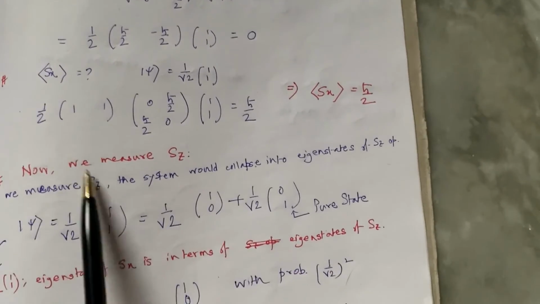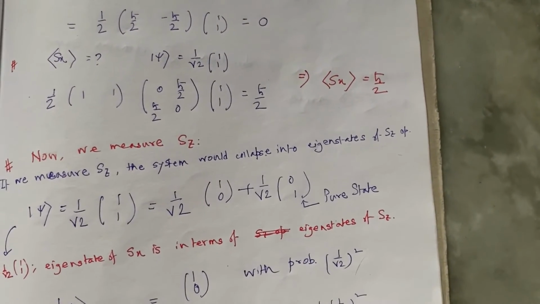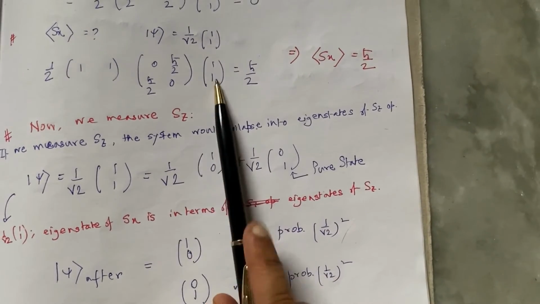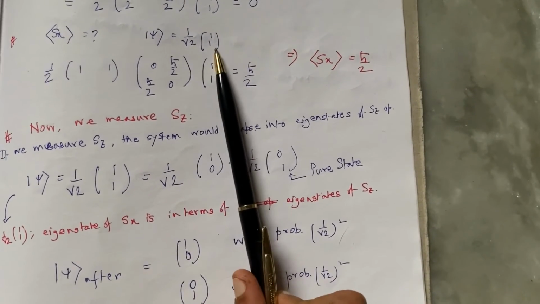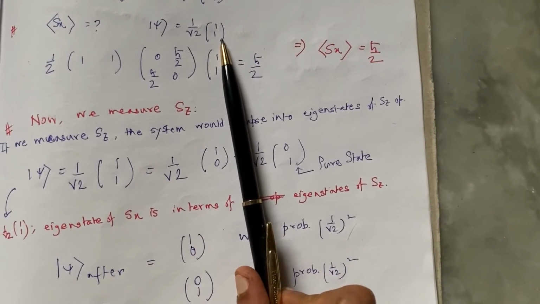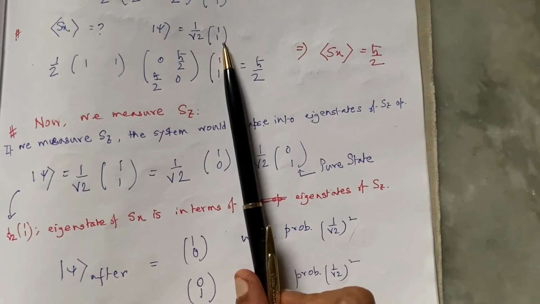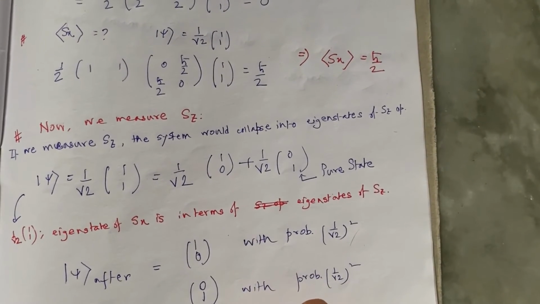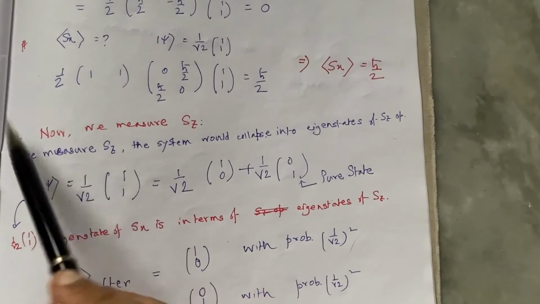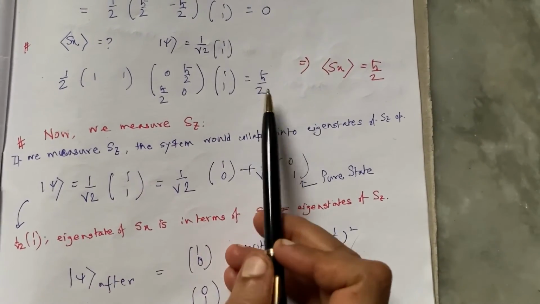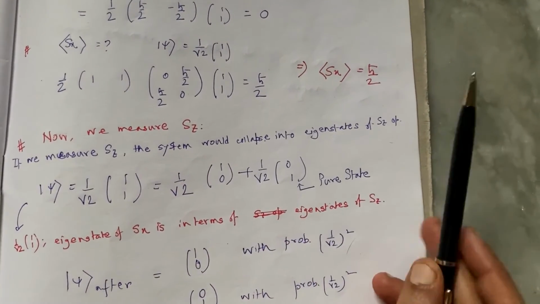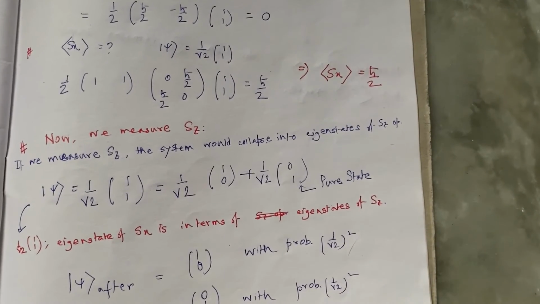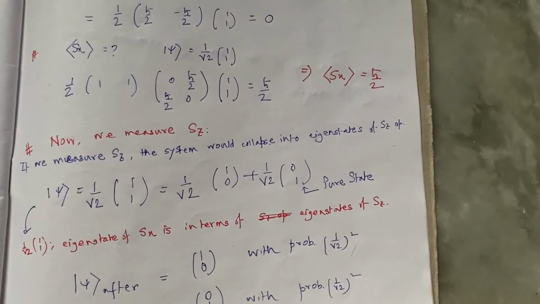Now let's find out the expectation value of Sx in its own eigenstate, and as it is a state which corresponds to the upward direction of spin, I must get h cross by 2, and I have calculated that. So the physics is okay. I mean it's going well with the mathematical calculation.